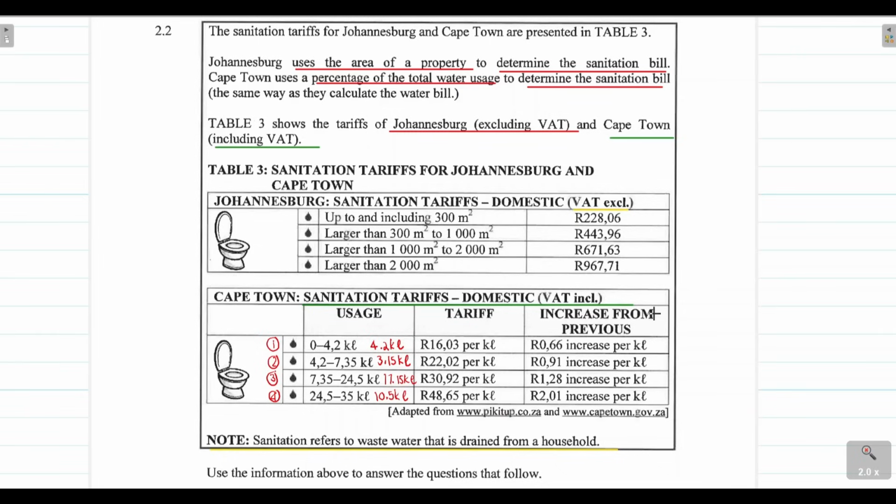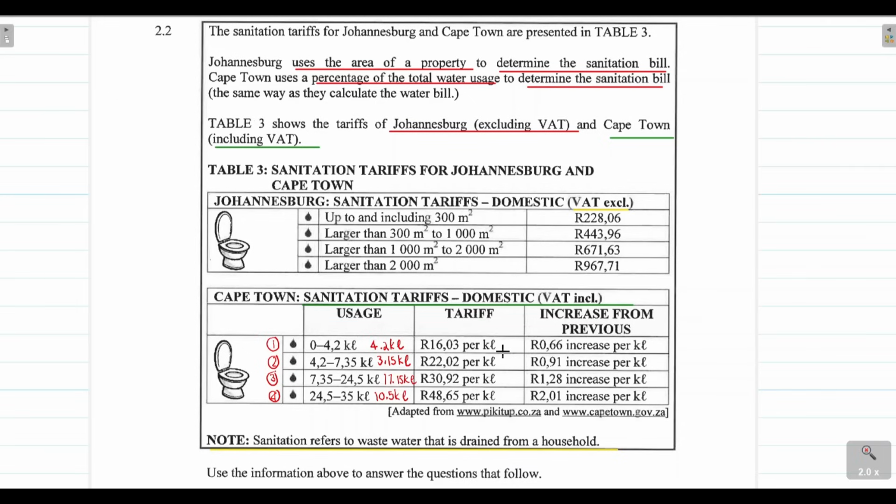Then we are told that this amount represents an increase from the previous amount. So previously, the amount of the tariff per kiloliter was 16.03 minus 0.66.